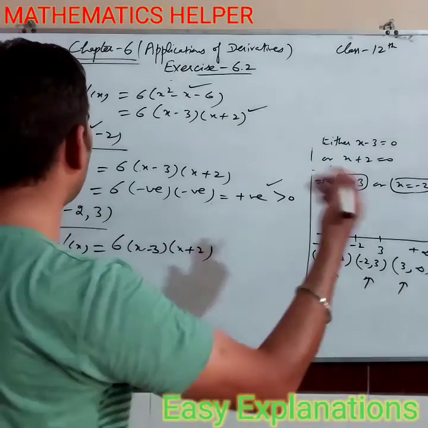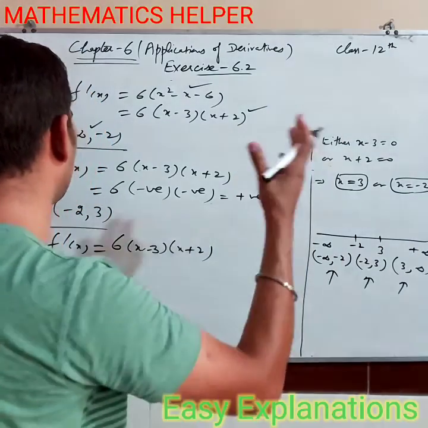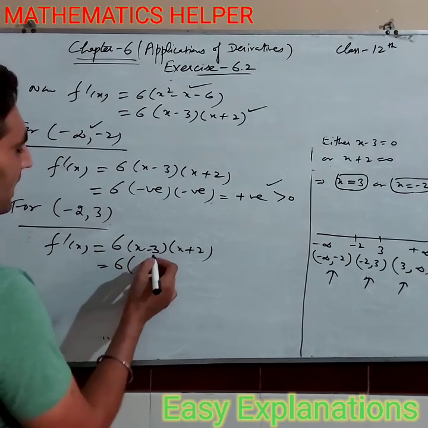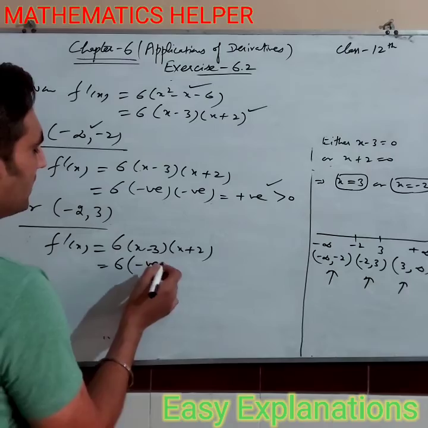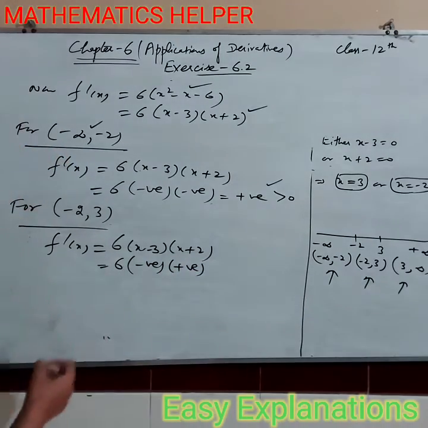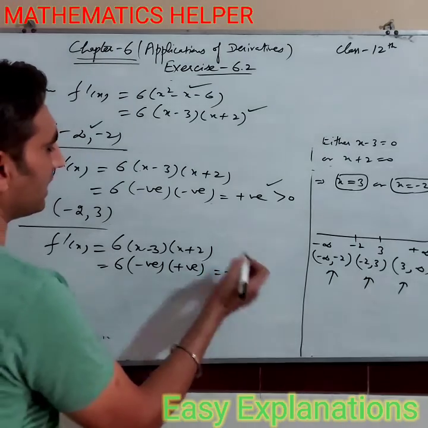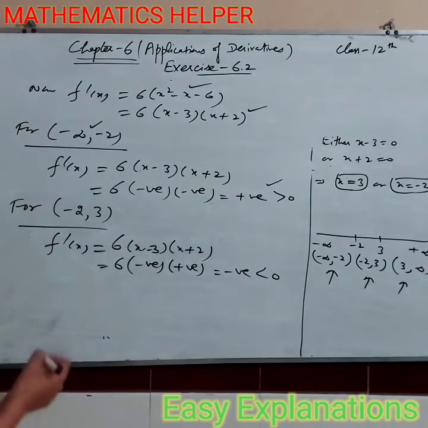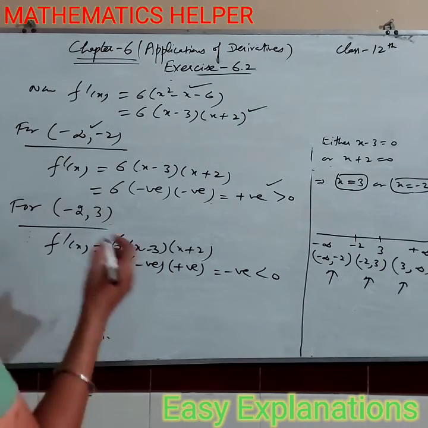Choose any number, like if I am choosing 0 only. 0 lies in this interval. 6 times 0 minus 3 will give a negative answer, and 0 plus 2 will give a positive answer. So negative into positive is negative, the overall answer is negative, which is less than 0. This is for decreasing.